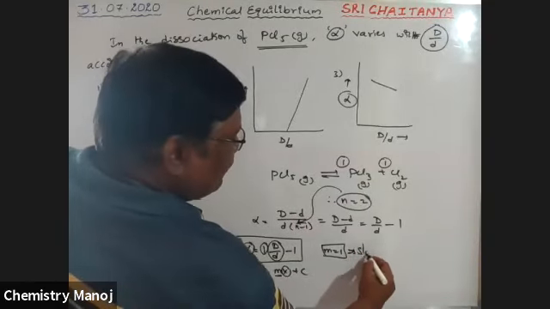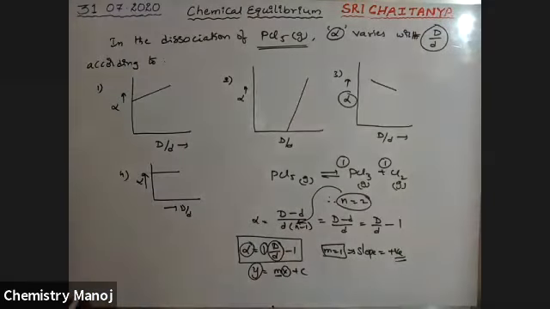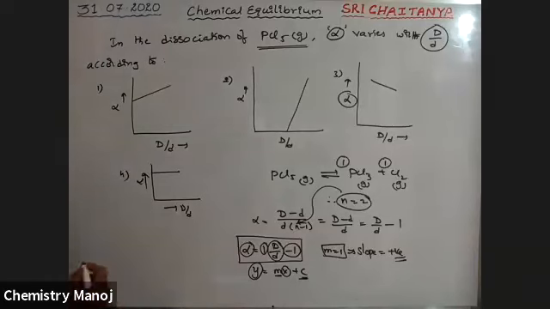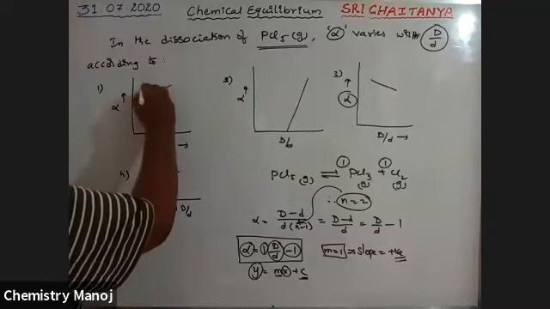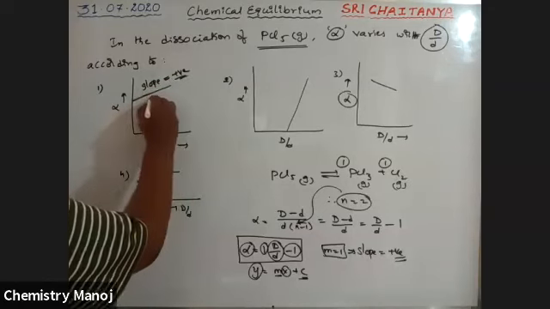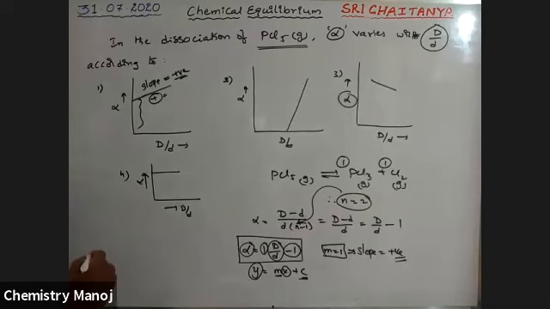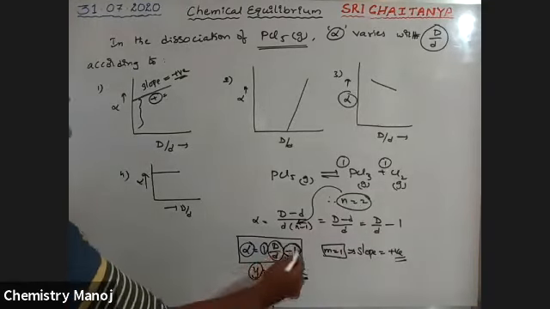So the slope is positive, and c is the intercept. The intercept value is negative, which means there is a positive x-intercept. So the slope is positive and it also has an x-intercept.